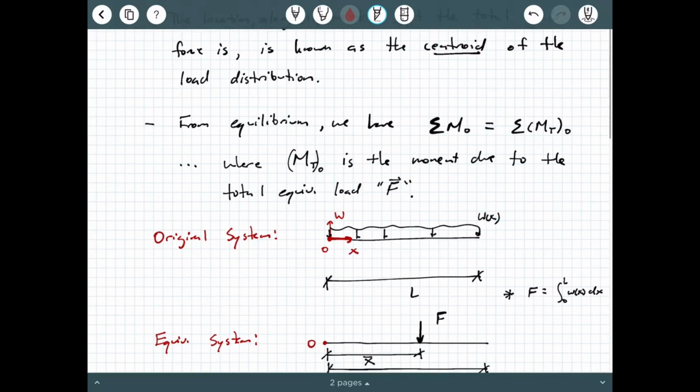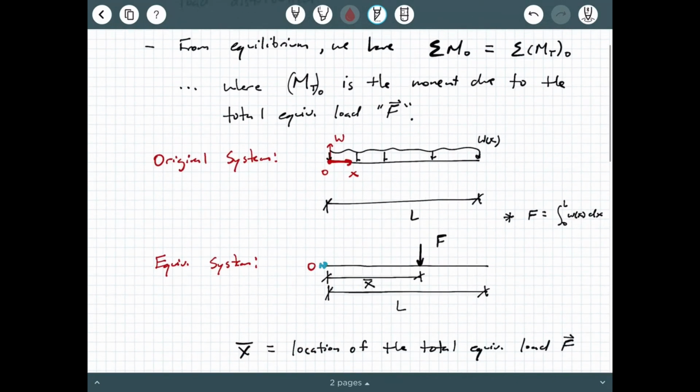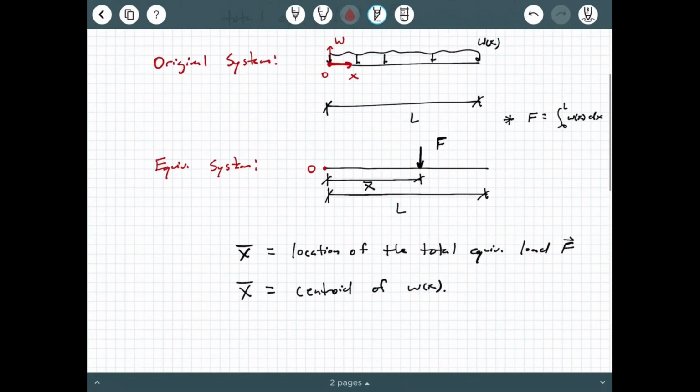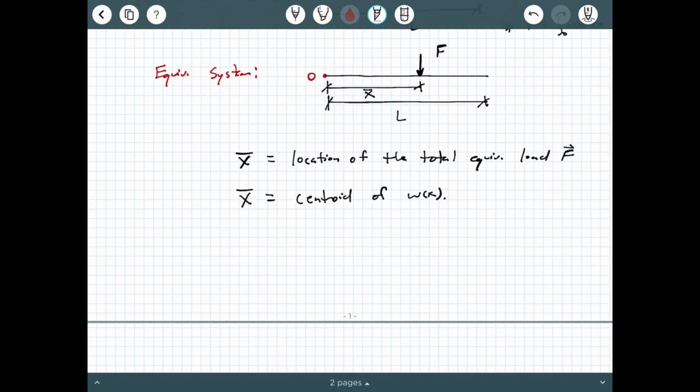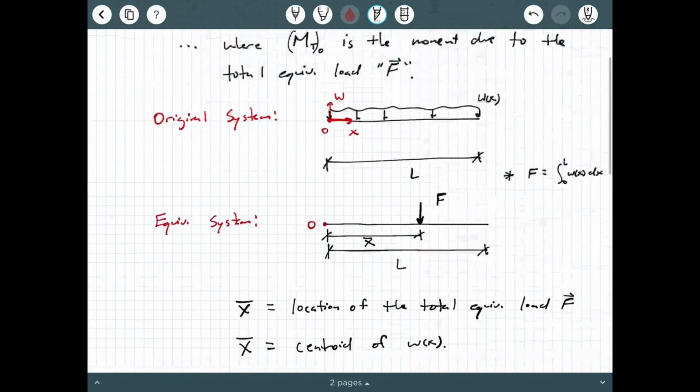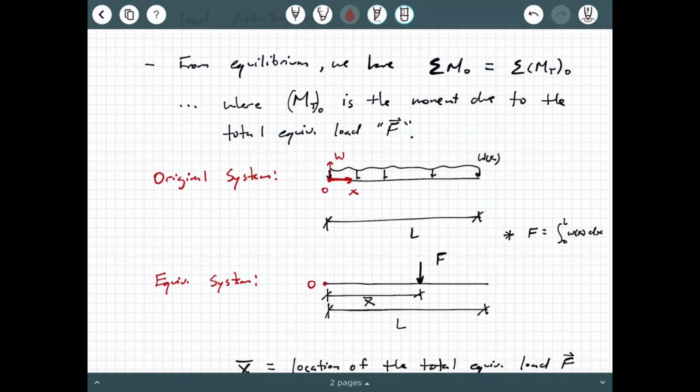Well, it all goes back to moment equilibrium right here. We said the sum of the moments about point O in the original system equals the moment about point O in the equivalent system.